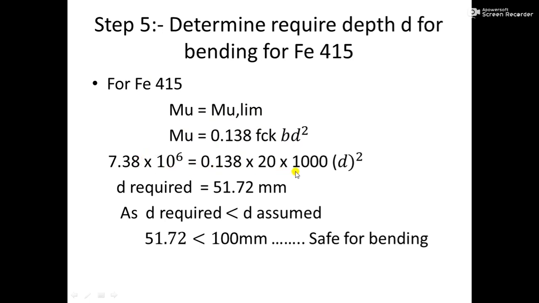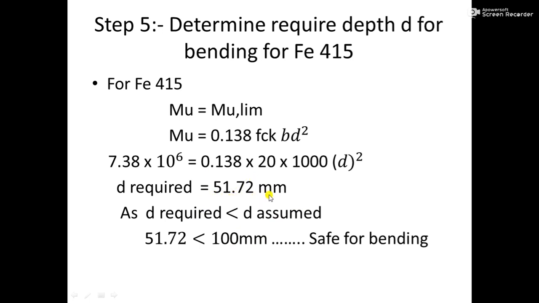So put the values here and calculate the D required. Actually the D required is 51.72 mm, say 55 mm or 60 mm. In the first step we assumed D as 100 mm, but the required is only 51.72 mm.